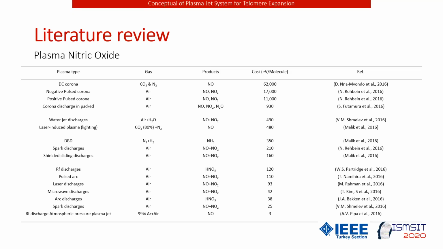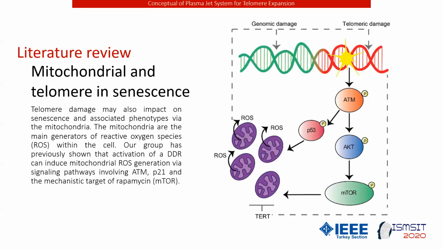Nevertheless, short plasma treatment time at low plasma dose has a stimulating effect, but long plasma treatment time at high plasma dose induces later effects, for example cell death by apoptosis, stop of proliferation, DNA damage, and cell cycle arrest. This research focuses on the possibility of developing plasma nitric oxide technology at fair cost, and balancing redox of nitric oxide and ROS to optimize telomerase enzyme for increasing telomere length.